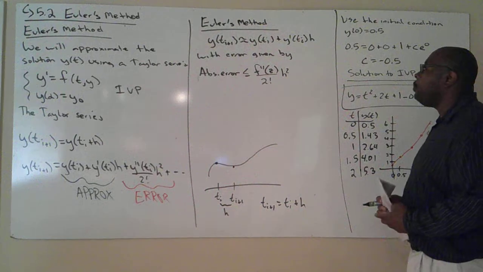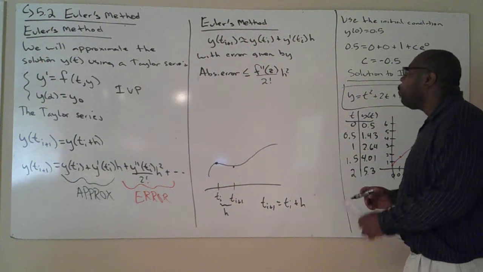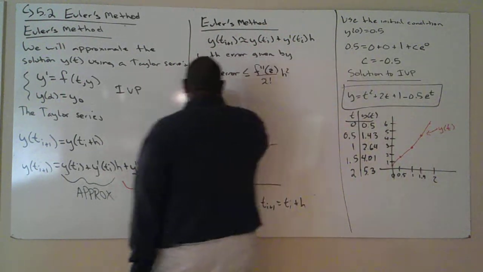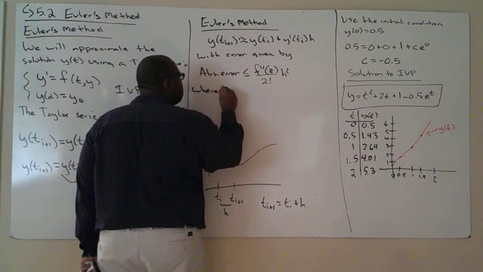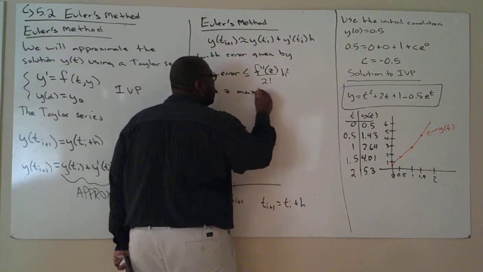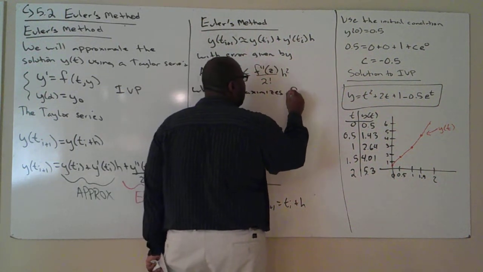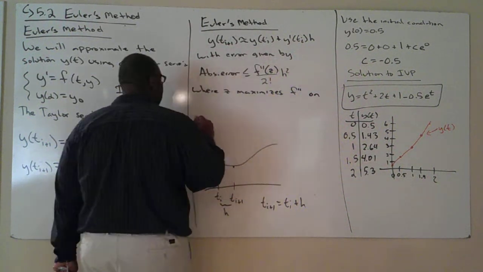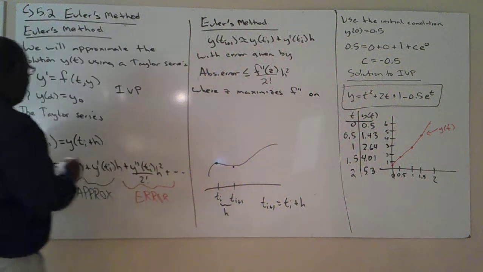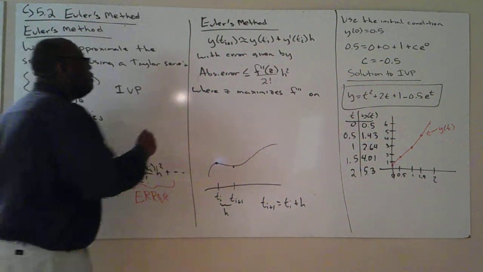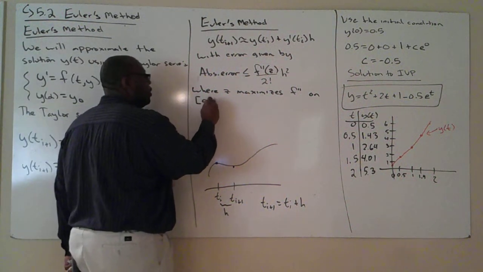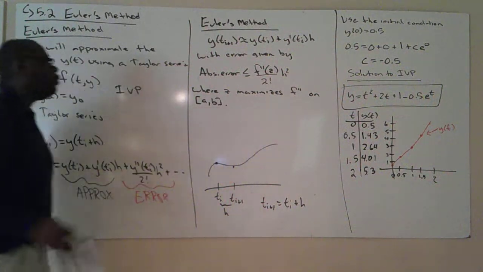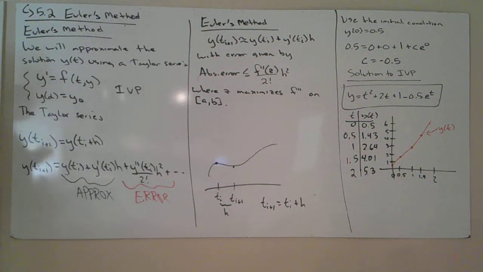We're going to assume that all the points are equally spaced, where z maximizes f double prime on the interval, wherever the interval is that we're looking at for our initial value problem, say from a to b. Okay.